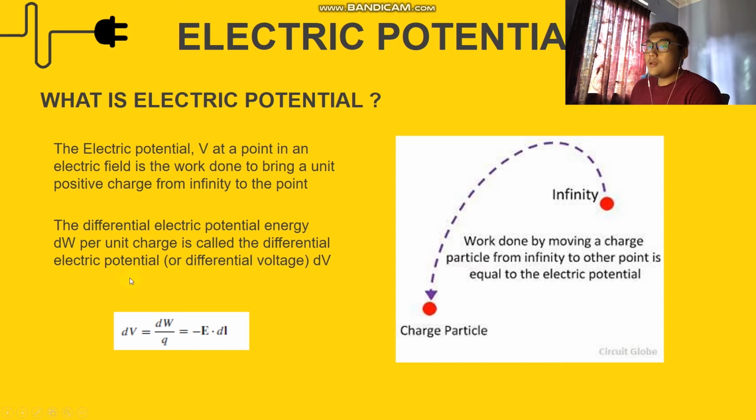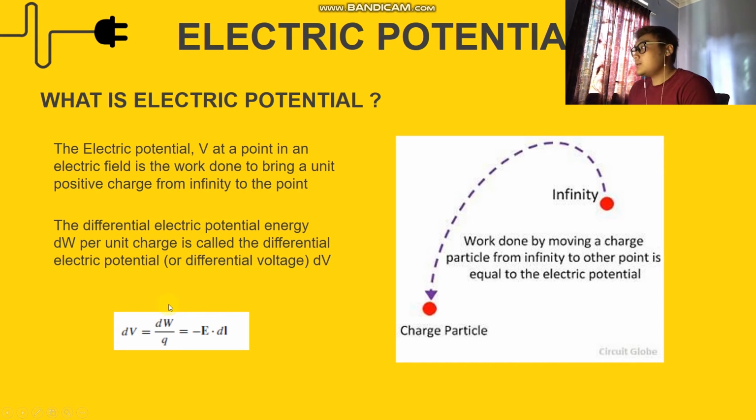So the formula that we can derive is dV, which is the differential electric potential or differential voltage, equal to dW, the differential electric potential energy or work done, over Q, which is charge, equal to negative E dot dl, where E is the electric field.